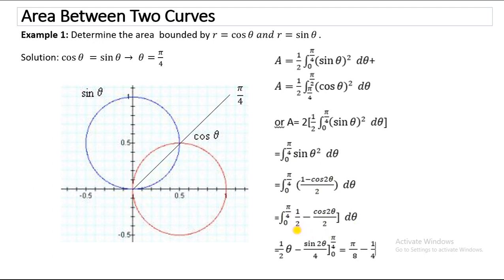Integration of half d theta is half theta. Integration of cosine 2 theta over 2 is sine 2 theta over 4, from 0 to pi over 4. Substituting pi over 4, I will have pi over 8 minus half. This is the area, this and this.